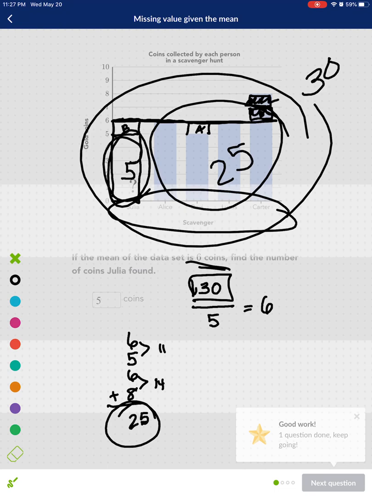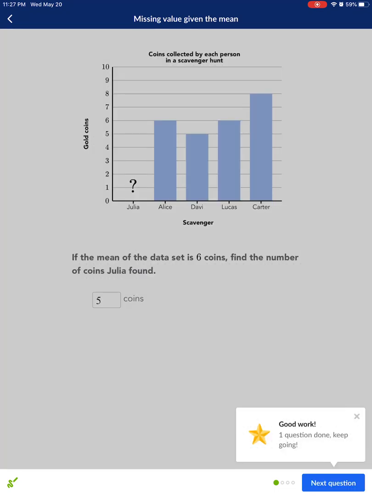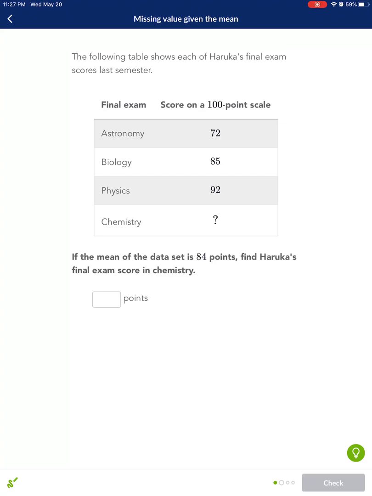All right, so let me go to the next question with you. The following table shows each of Haruka's final exam scores last semester. Yikes, she better get studying. Anyway, 72 in astronomy, unacceptable.